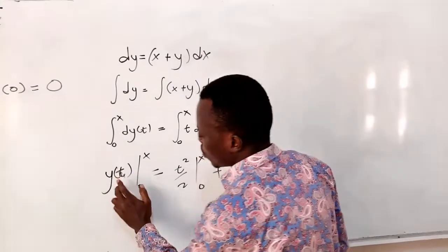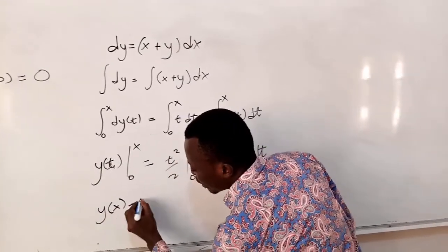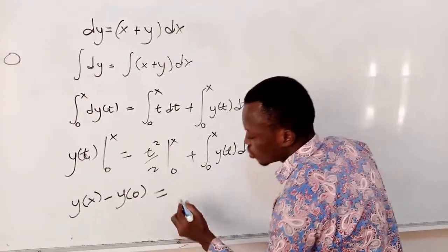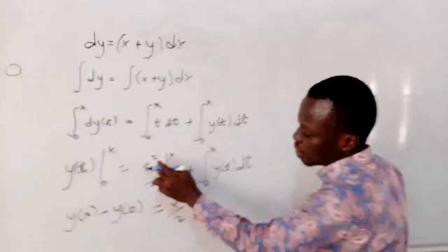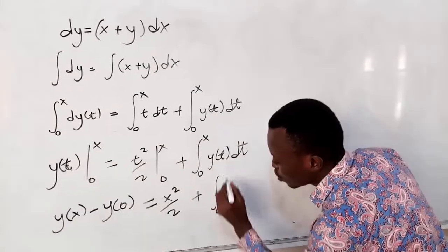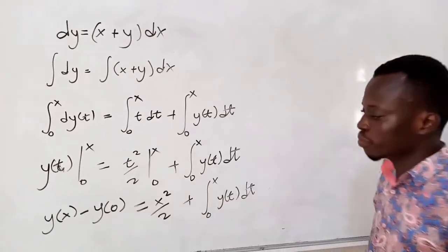Now we're going to have y of s minus y of 0 to be equal to s squared over 2. If you put 0 here, it's still 0. So plus integral from 0 to s y of t dt.